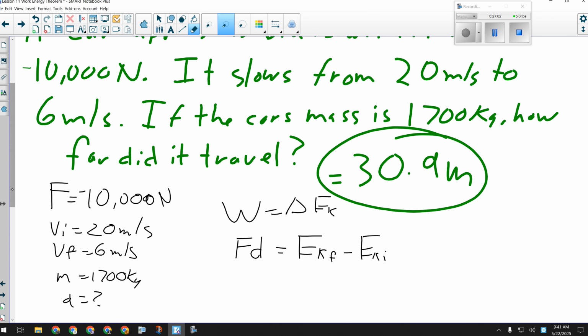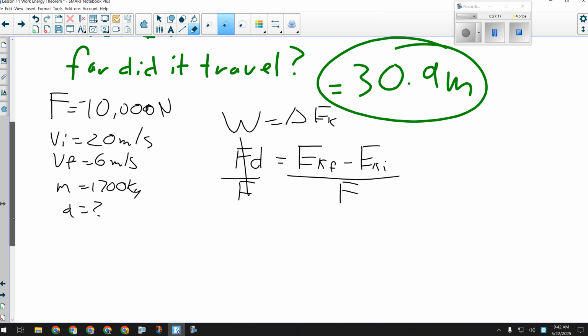Okay, so how do I get distance by itself? Divide by force, right? Bring the force over to the other side. All right, so now I've got my manipulations there. I can put in the rest of my formulas. So D is going to equal 1/2 times mass times final speed squared minus 1/2 times mass times initial speed squared, divided by force.